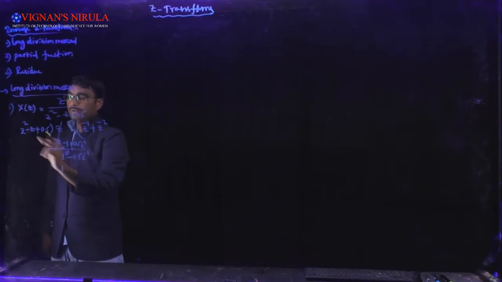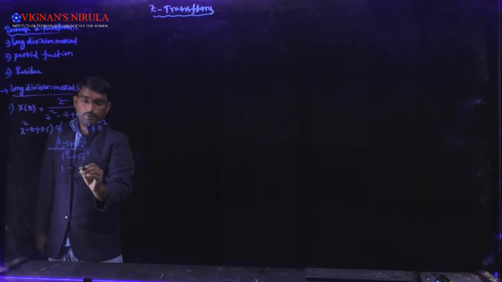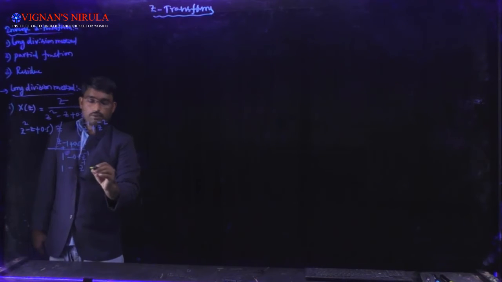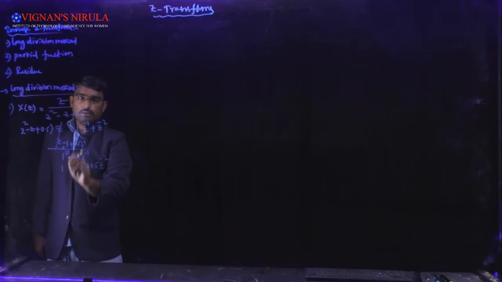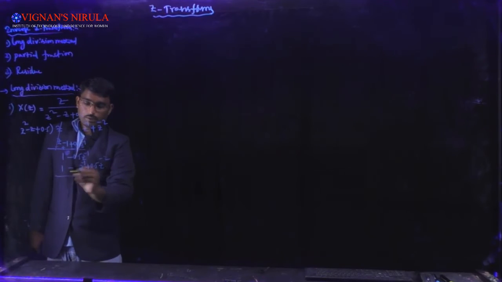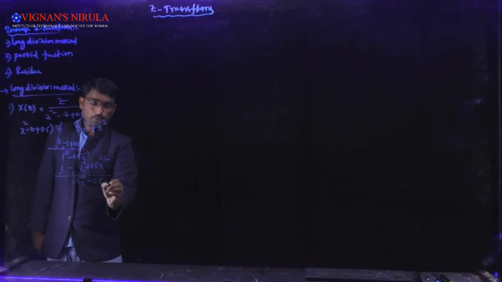So z power minus 2 into z square is 1, z power minus 2 into minus z inverse, next plus 0.5 into z power minus 2. Our target is to cancel out the first term in each and every division. Minus plus minus. Here it will be 1 minus 1 is 0, and 0.5 into z inverse. Now this is 0.5 into z power minus 2.